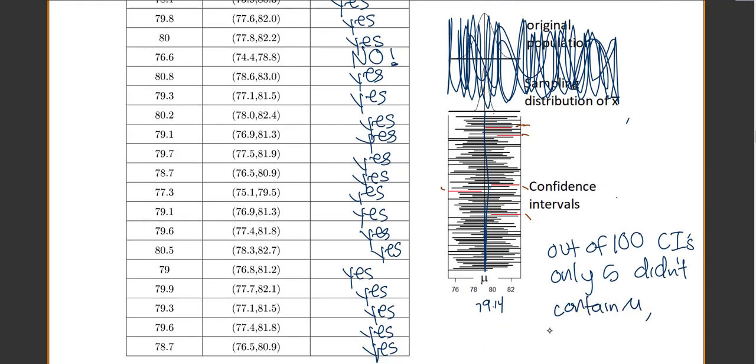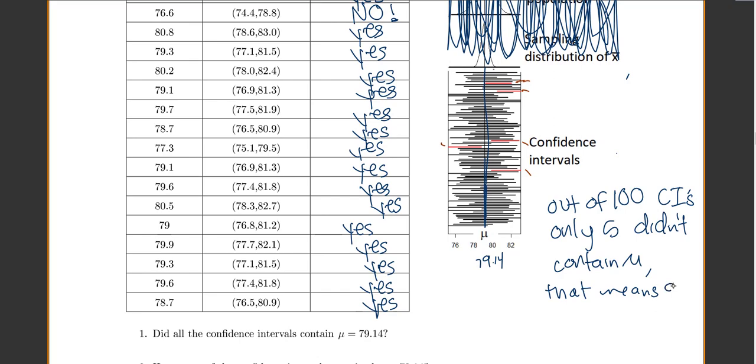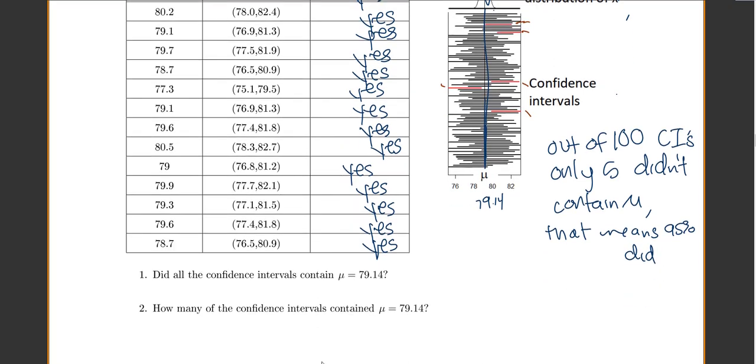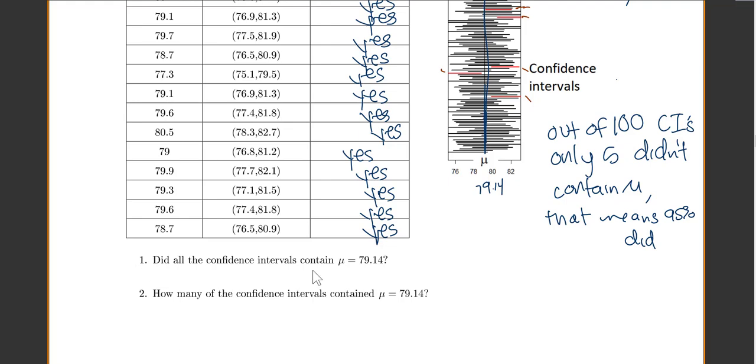So that means 95% of them did. Oh, and I forgot I had the questions here. So did all of the confidence intervals actually contain our population mean mu of 79.14? No. How many of them actually contained it? Well, 95% did, because we were finding 95% confidence intervals.